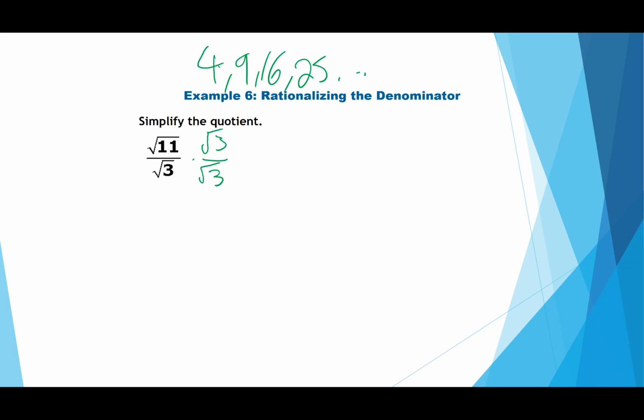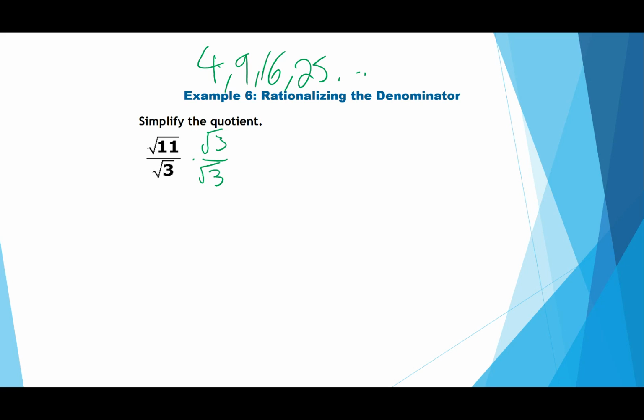That's still technically 1, because anything divided by itself is 1. 5 over 5 is 1. x over x is 1. So the square root of 3 over the square root of 3 is 1. I'm not really changing the value of my original problem. It's still the same value.